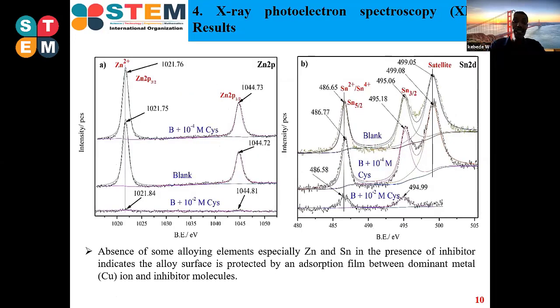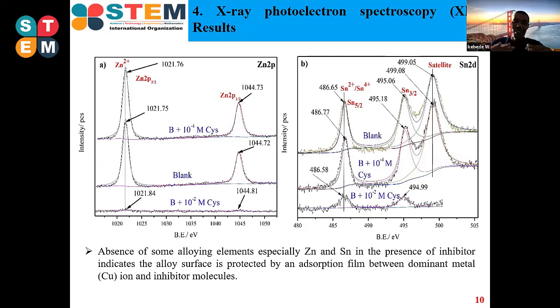This is for the zinc and tin spectra. You see here is a really beautiful result in the zinc. In the blank solution, there is zinc. And also with a small amount of cysteine, there is zinc. But at high concentration of cysteine, there is no zinc.